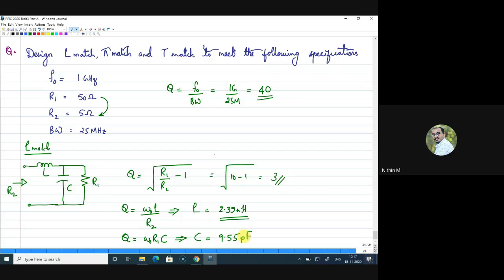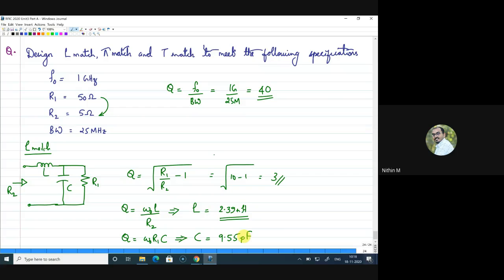Right. Now, one major issue we will have with this kind of matching network is the component values we finally get by substituting this equation. Sometimes they may not be practically realizable values in IC design.